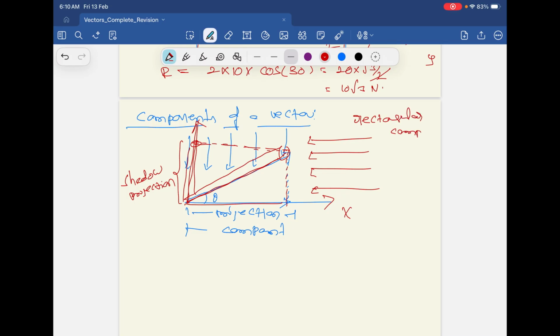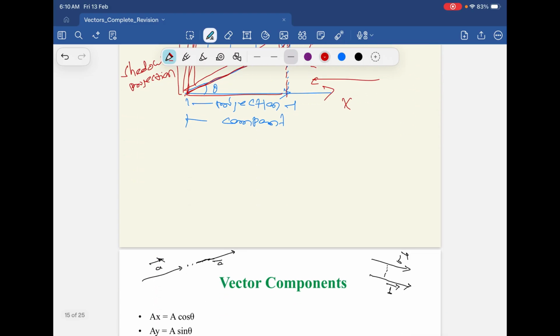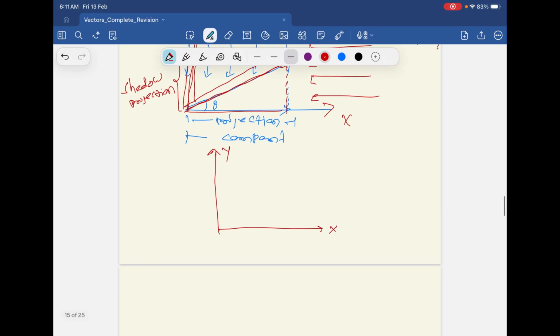Rectangular components. Okay. So what if this pole is lying in space? Now if it lies in space, you can have three directions. So this is x-axis, y-axis, and we have z-axis. If you shine the light like this, its shadow falls on the x-axis, its shadow on the y-axis, and perpendicular to this, imagine a z-axis towards your eyes, then its shadow on the z-axis.